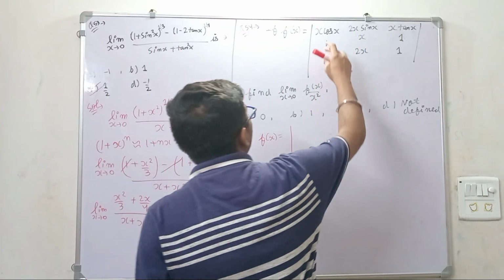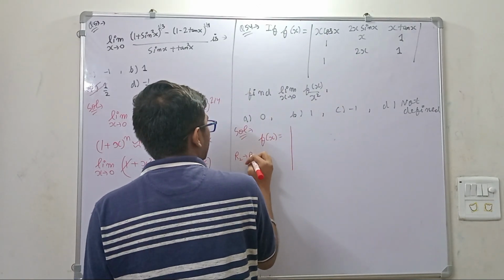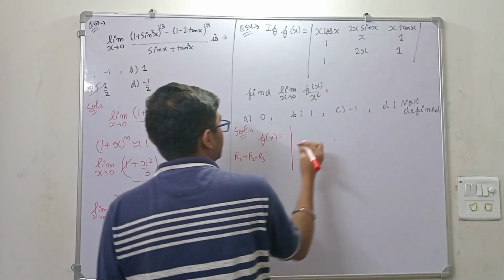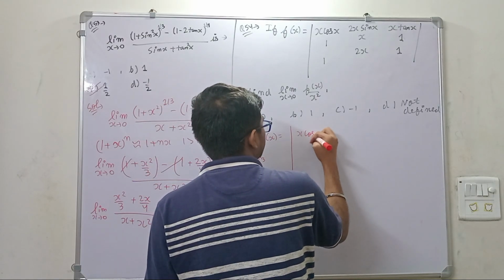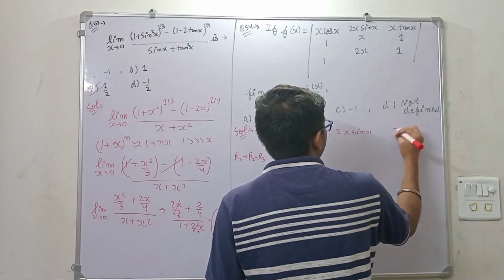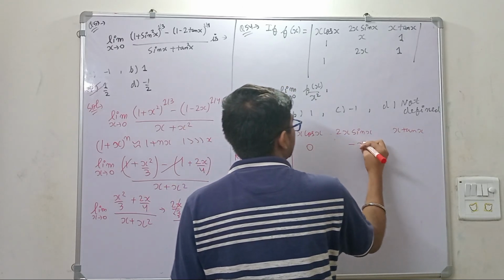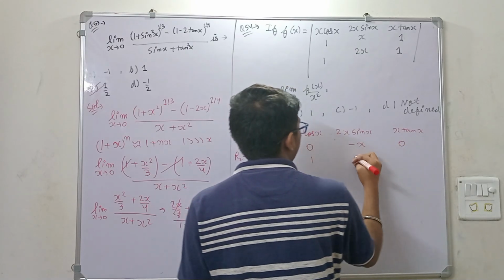Let us do R2 equals R2 minus R3. So this will be x, cos x as it is, 2x, sin x and x tan x. R2 minus R3, this will be 0, minus x, 0, then 1, 2x and 1.